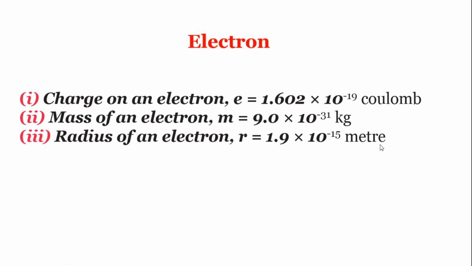The ratio of the charge of an electron to the mass of an electron is equal to 1.77 into 10 power 11 coulomb per kg. So the mass of an electron is very small compared to its charge. It is due to this property that an electron is very mobile and is greatly influenced by electric or magnetic fields.